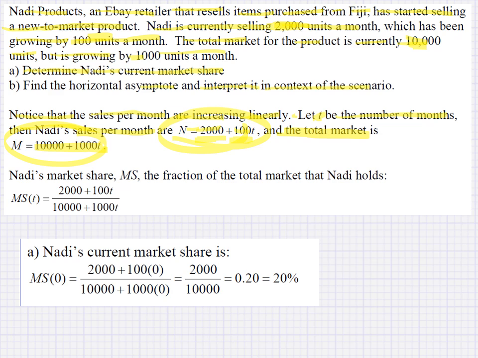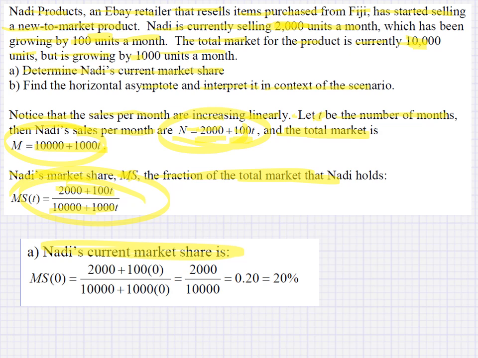So then what we want to do is look at Natty's market share as a fraction of the total market. You just take Natty's divided by the total, and that will be the market share, Natty's versus the total market. If we look at Natty's current market share, not future but current, the number of months we're working with is 0.